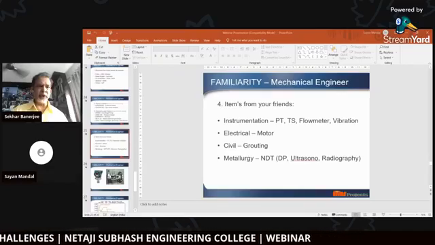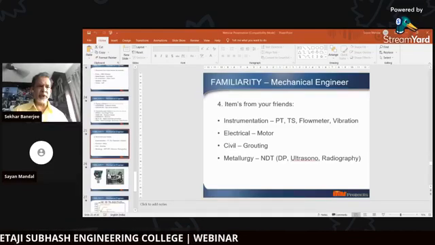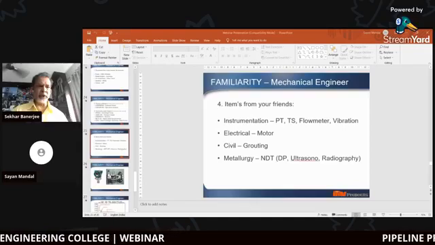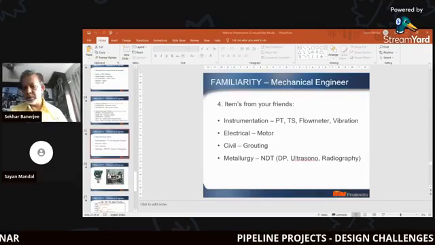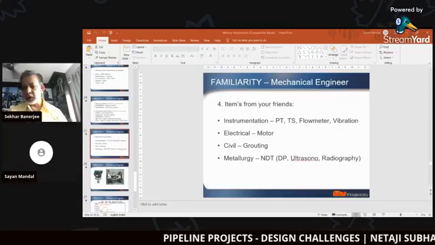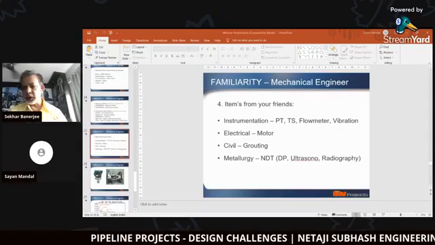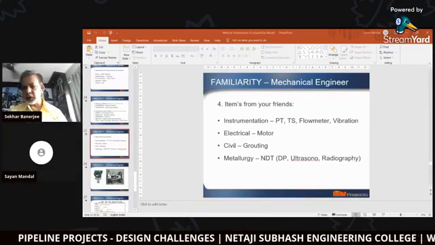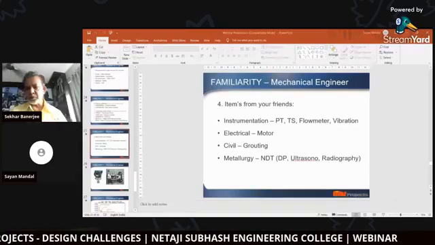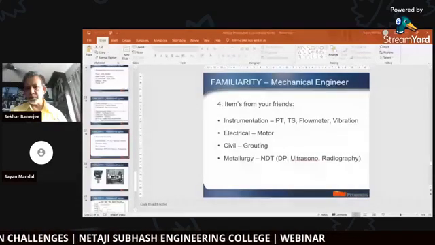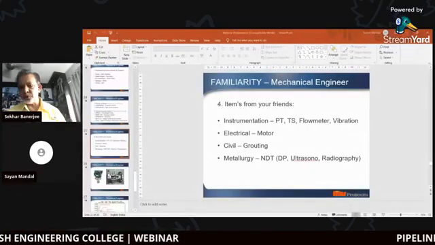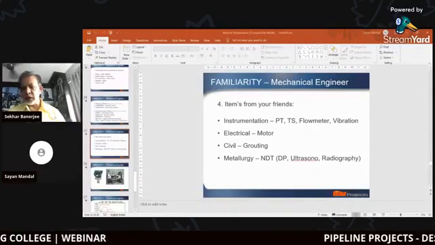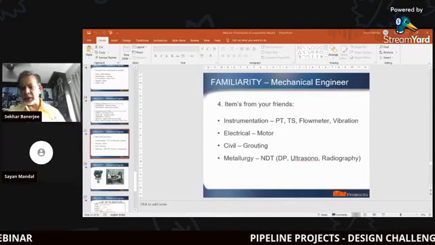Now, say for instance, instruments. If you buy a pump set, you have to have a pressure transmitter, a temperature switch, a flow meter, or a vibration reading if it's a larger, more complicated type of pump.